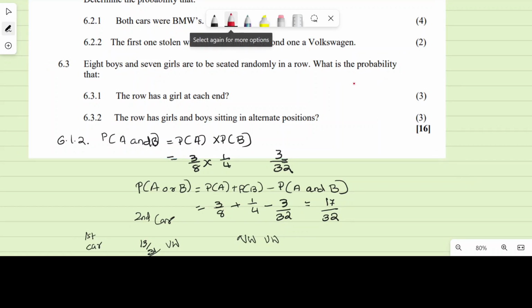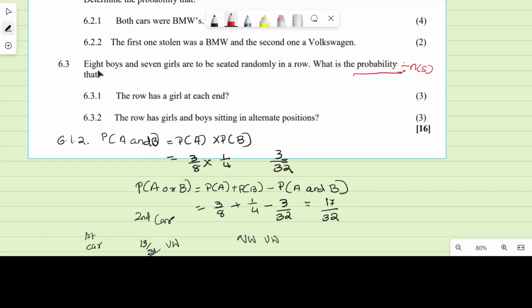When you see the word probability, you immediately underline and remind yourself that you have to divide by the total number in the sample space, n(S), because of the probability formula I'm going to write now. What is the probability that the row has a girl at each end?